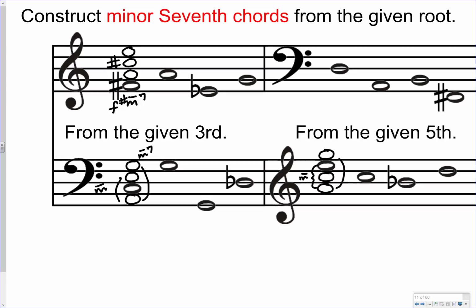And I have A to G is a minor seventh. So again, I do not need to alter that. That's the same example, only in treble clef as the one from the given third. So take a moment now to please copy down this information and construct minor seventh chords from the given root, the given third, and the given fifth. And we'll be back to check in a little while to see how you did.